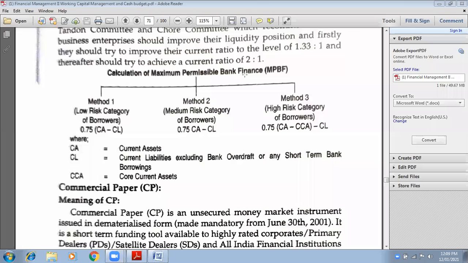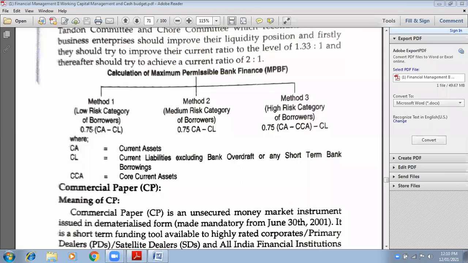First is the low risk category, second is the medium risk category, and third is the high risk category of the borrowers. If it is the low risk category, then it would be 75 percentage of net working capital requirement. Current assets minus current liabilities is nothing but net working capital requirement.